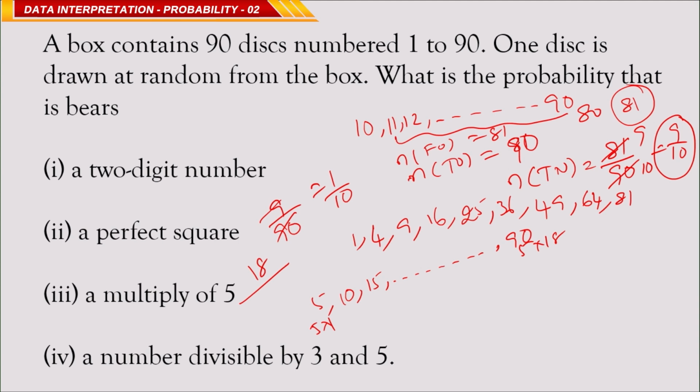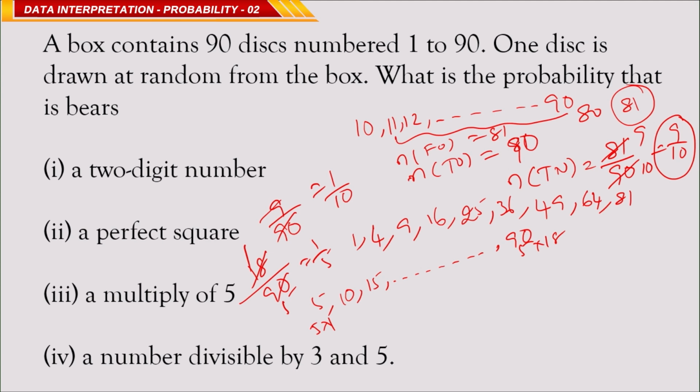So, the favorable outcomes is 18 and the total outcomes is 90. 18 1s are 18, 18 5s are 90, so the answer is 1 by 5. So, the probability of getting a multiple of 5 when a disc is selected randomly from the box containing 90 discs labeled from 1 to 90 is 1 by 5.